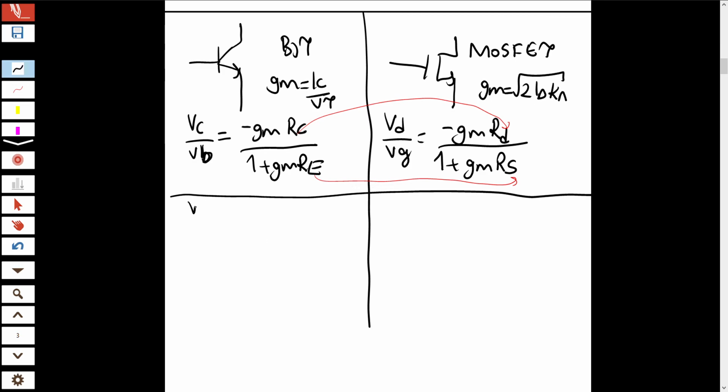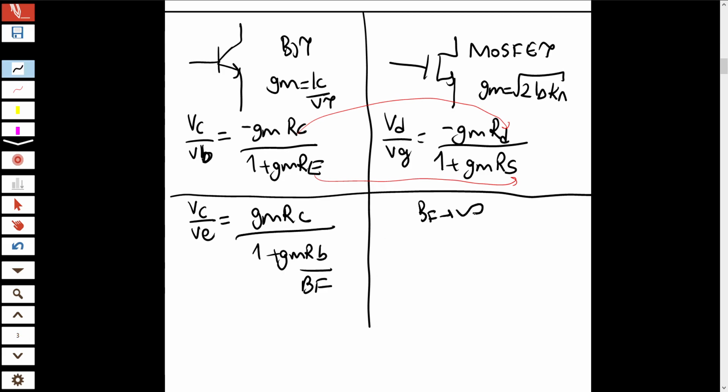So what is V_collector over V_emitter? Also we have calculated this. It is gm R_C over 1 plus gm R_B over (beta plus 1). In MOSFET equivalent, you can think beta is infinite in MOSFET. So this equation becomes gm R_D in MOSFET.